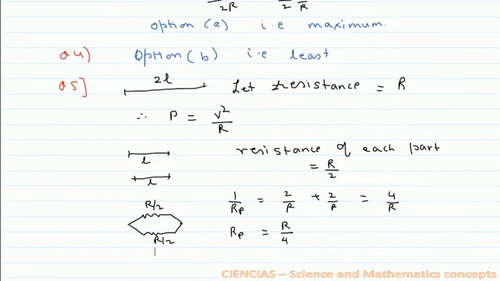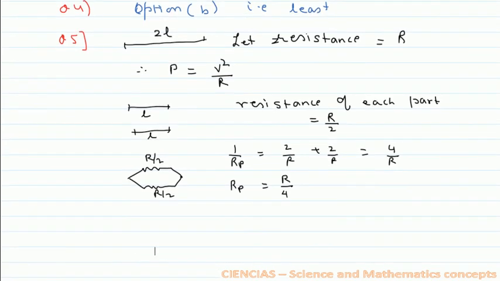Now potential is the same. Now this parallel combination is connected to the same mains supply. Therefore power P dash is V square by Rp, that is equal to V square upon R by 4, that is equal to 4 times V square by R, or that is equal to 4 times P. So the power consumed is 4 times P, hence option D is the correct option.